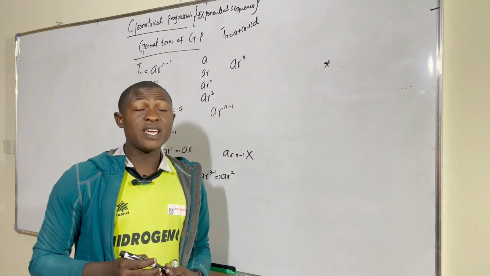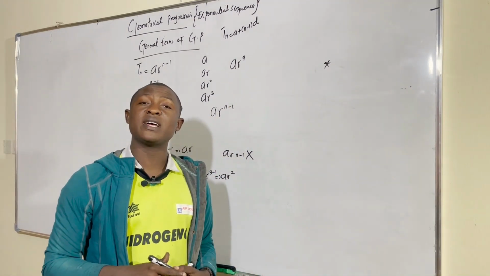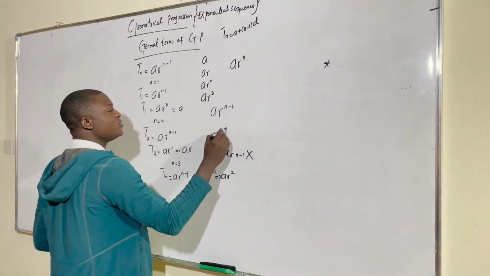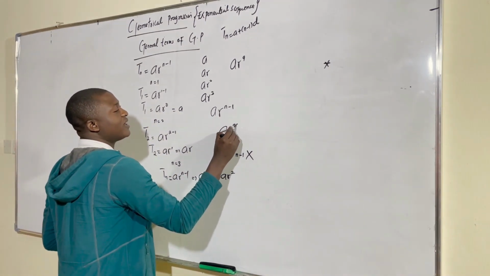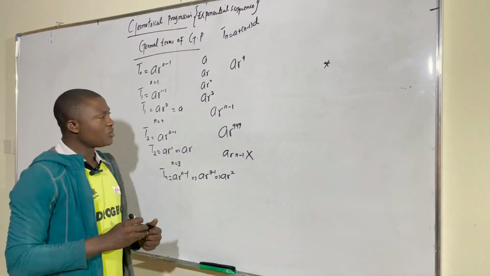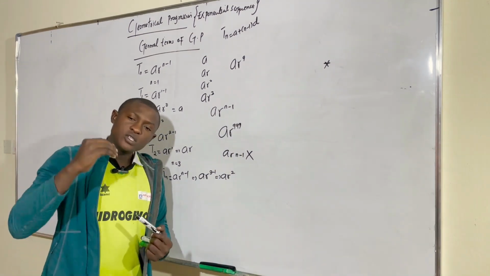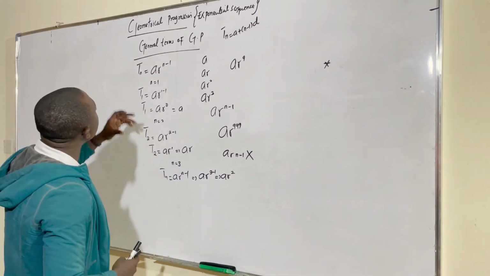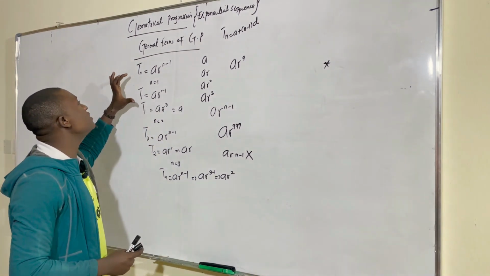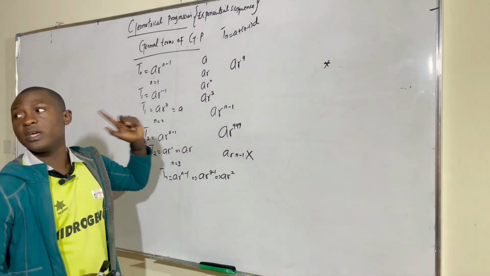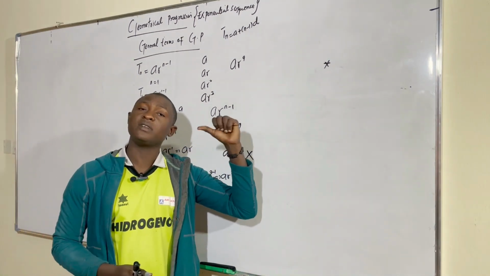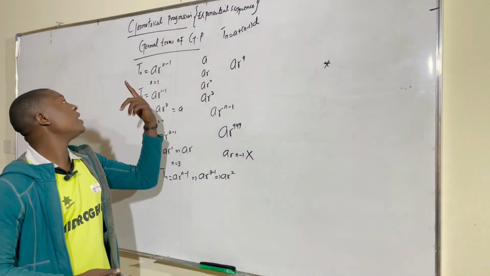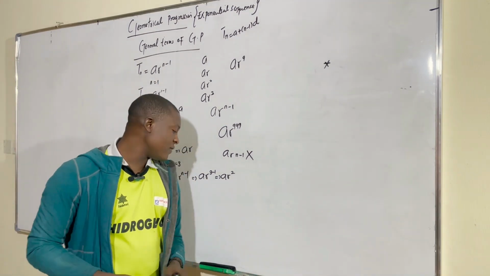If we are asked to write the 1,000th term, that's going to be ar raised to the power of 999. So anyhow we have the terms, just reduce it by 1. So far we have the general term of a GP. A represents the first term, just like in the AP, R is the common ratio, and n simply means the number of terms.